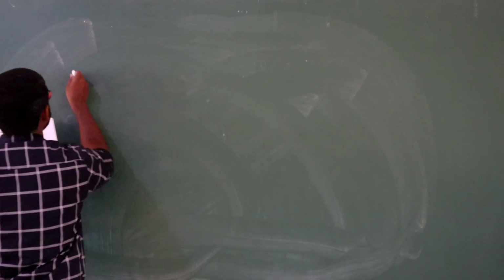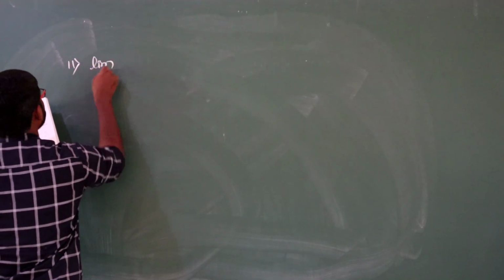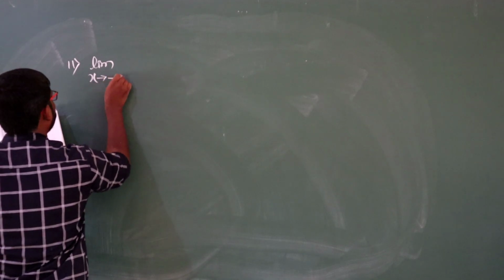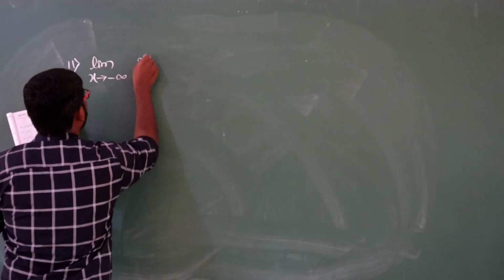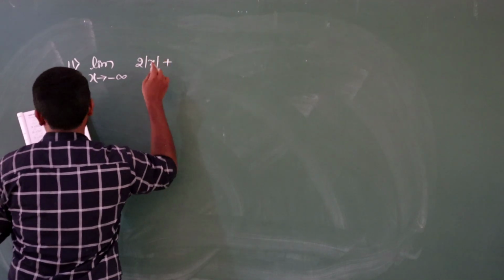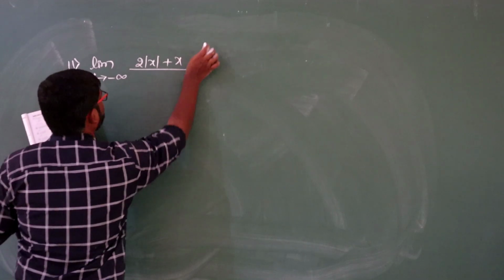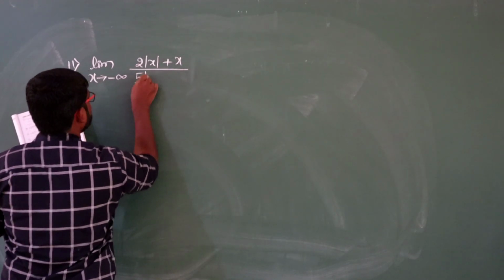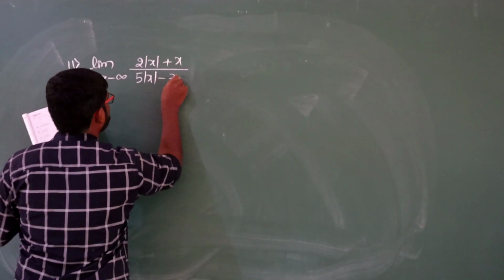Question number 11, limit x tends to minus infinity, (2|x| + x) divided by (5|x| - 3x).